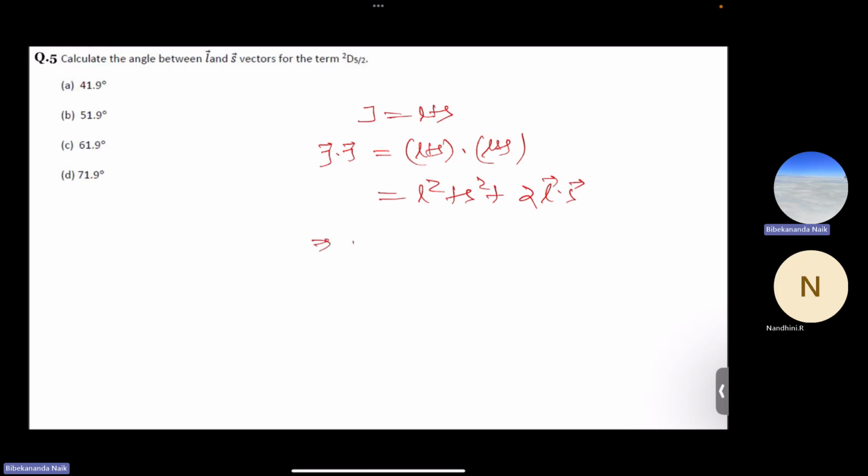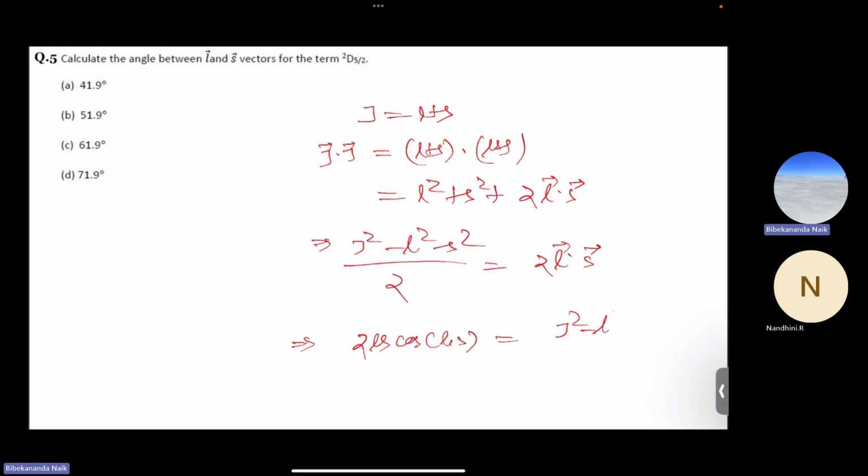So this will be J square. So J square minus L square minus S square by 2 will be L vector dot S vector. So it will be LS cos theta is J square minus L square minus S square by 2.